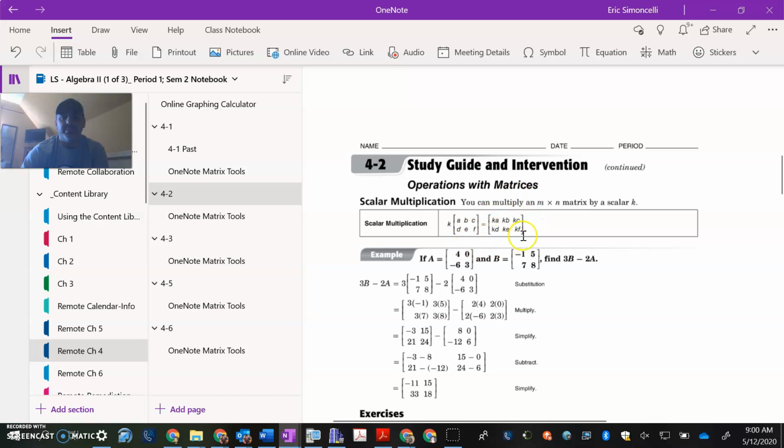So your resulting matrix is still a 2 by 3, but it's obviously scaled up. It's scaled up to whatever k is, or down, I guess, if k is, of course, let's say a fraction, or a negative value, let's say.